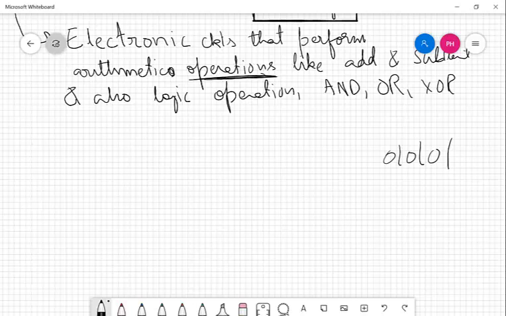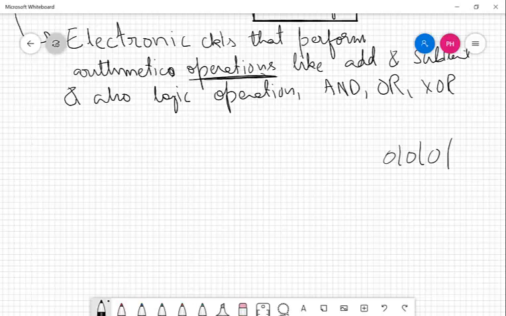These zeros and ones will determine inside a microprocessor when to add, what to add, when to subtract, when to do an AND operation, and many other things. It will determine the sequence of instructions happening inside the arithmetic and logic unit of the processor, and these instructions will be stored inside the memory.